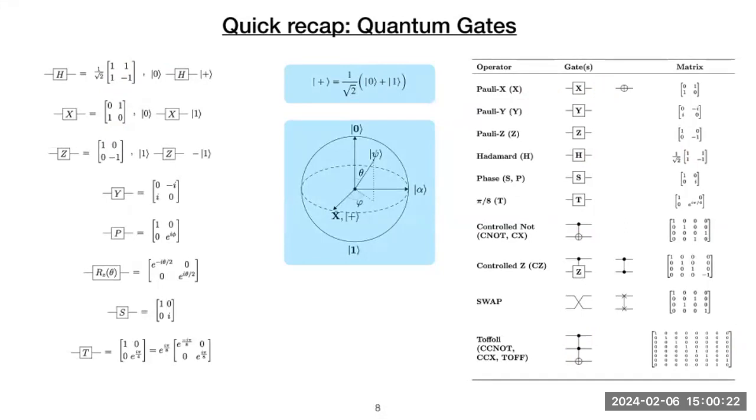The function of the Hadamard gate is given here. If I take a spin up, pass it through the Hadamard gate, it gives me plus, which is proportional to 0 plus 1. So I start with 0, I act with Hadamard, I create a uniform superposition. And similarly, other gates have this operation.